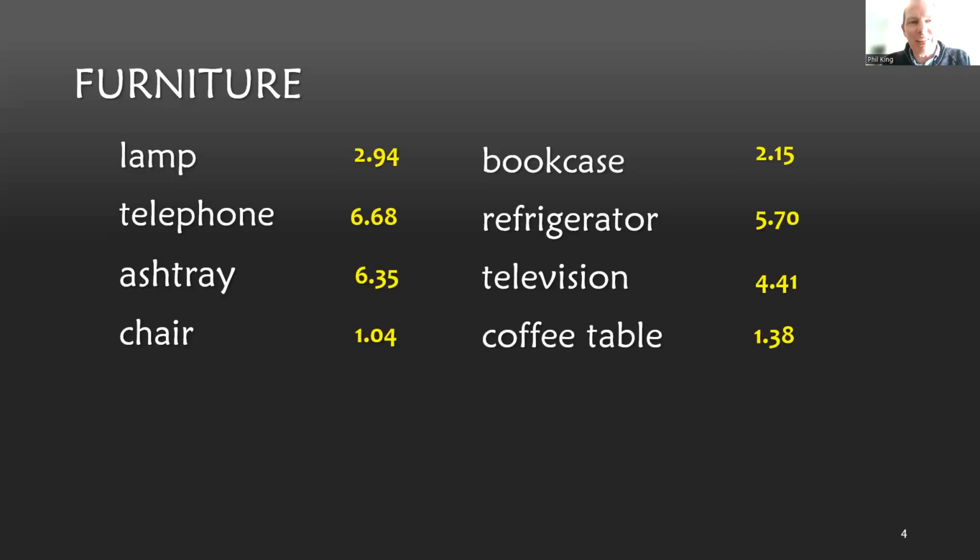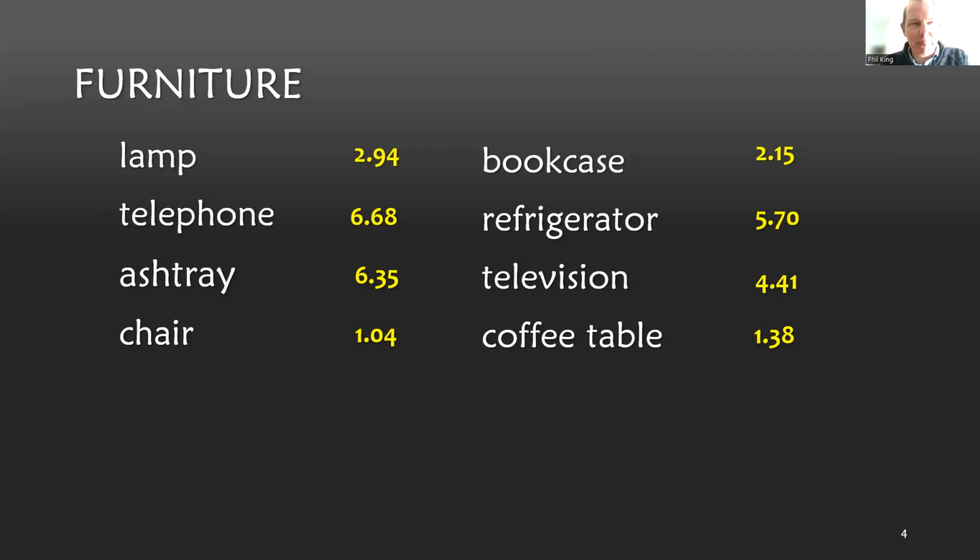When she did her rating and then she summarized it across different people, the low numbers here show the ones that people thought were a very good example, and the high numbers are bad examples. So you can see that the chair and the coffee table, with 1.04 and 1.38, were considered the best examples of furniture, whereas the telephone and the ashtray are the least good examples of furniture.